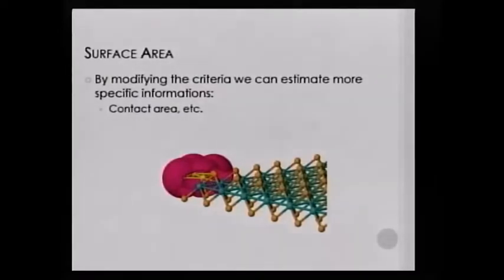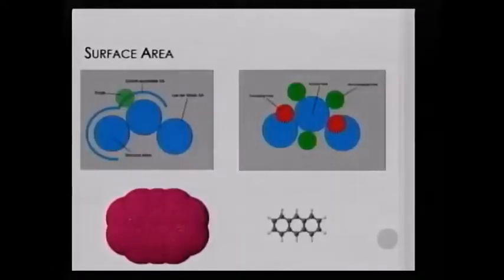You can use a similar criteria to estimate, for example, what is the contact area between your cluster and your nanoflake. And this allows you to compare, for example, a great number of configurations and have a feasible number that can be correlated, for example, with the adsorption energy or the relative energy of the structure as a whole. So you can modify this idea presented here to better suit what you're trying to study, for example.